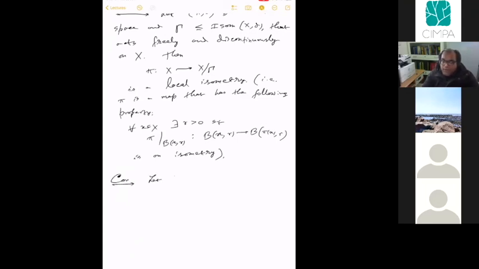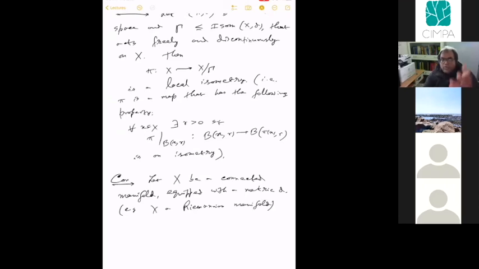Let X be a connected manifold equipped with a metric D. For example, X a Riemannian manifold that Arindamda has spoken about in his first lecture.